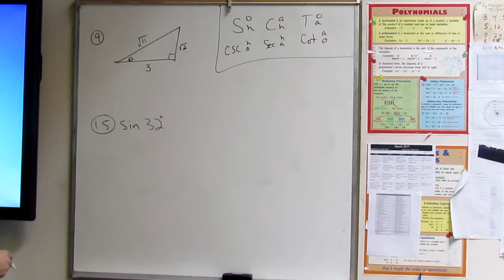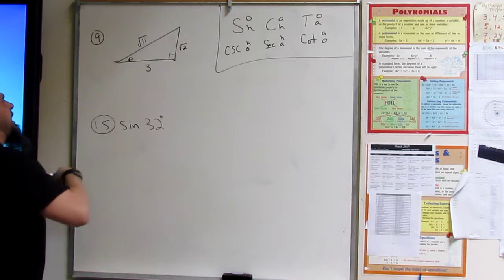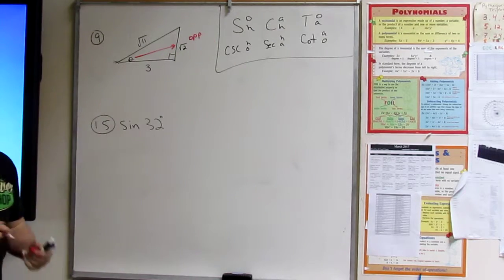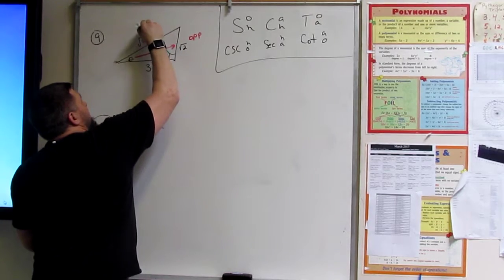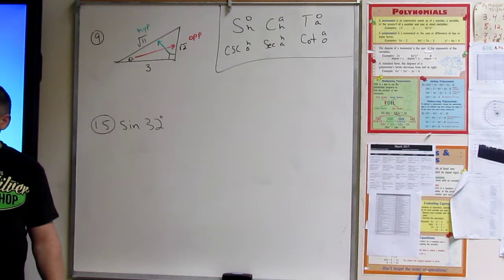What they're asking for in 9 is, okay, I want all 6 trig functions. So first, I have to know that this is the opposite. I have to know that this is the hypotenuse. The hypotenuse is opposite of the right angle, right?